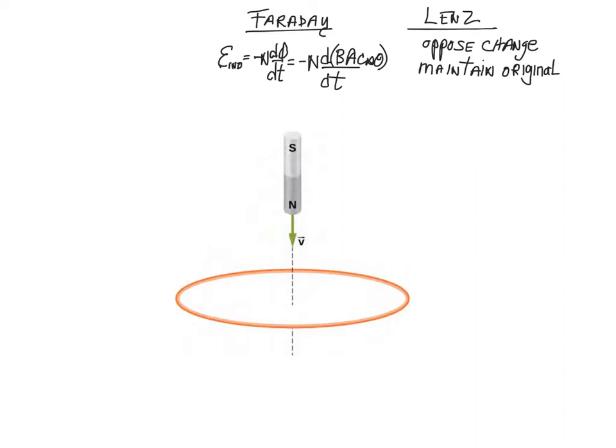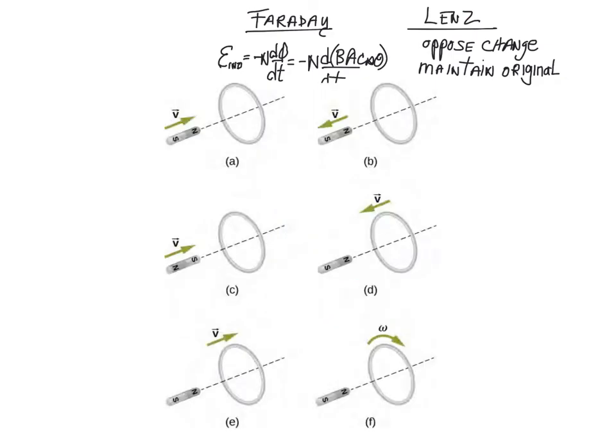So using that idea is another way of double checking when you're using Lenz's law that you're getting the right answer. Okay, 6 more applications of Lenz's law. This is the same one we just saw, right? The North Pole is approaching the coil. Flux in this direction is increasing.